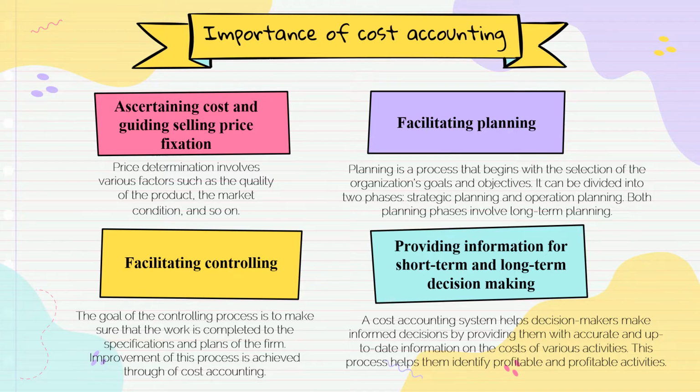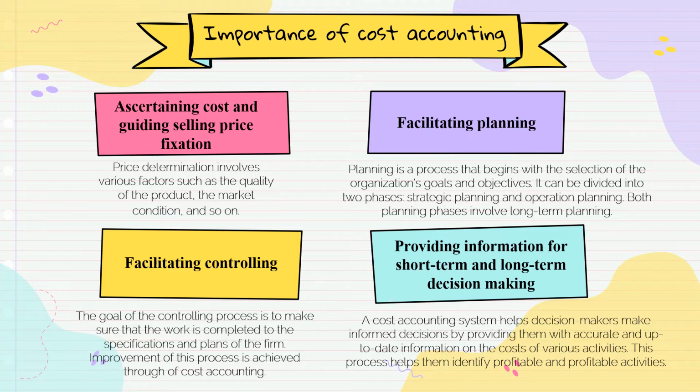It can be divided into two phases, strategic planning and operation planning. Both planning phases involve long-term planning. And next, facilitating controlling. The goal of the controlling process is to make sure that the work is completed to the specification and plans of the firm. Improvement of this process is achieved through cost accounting.